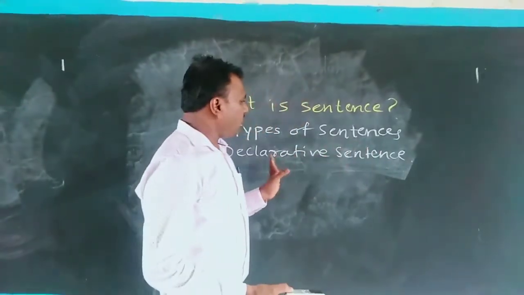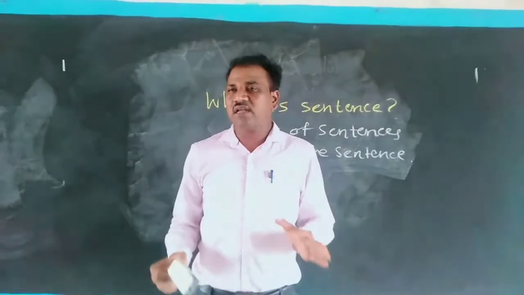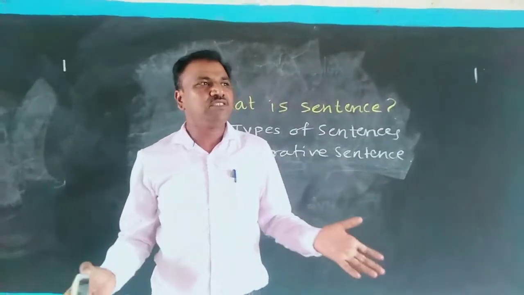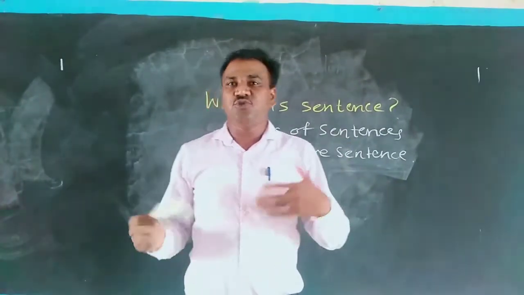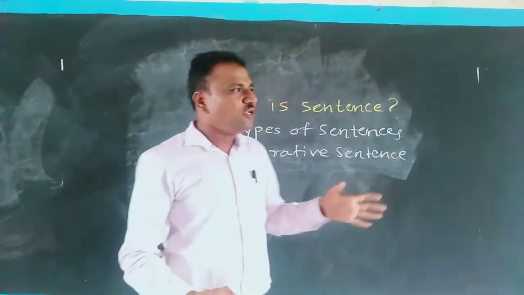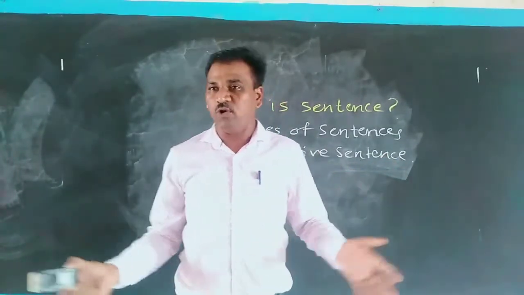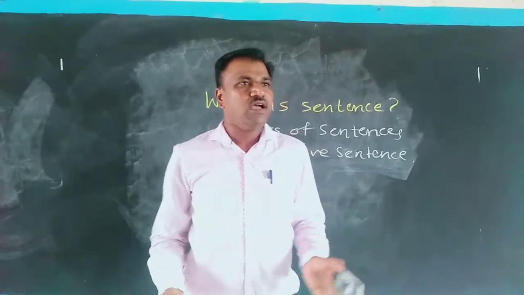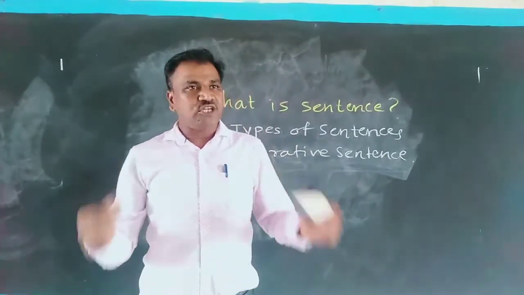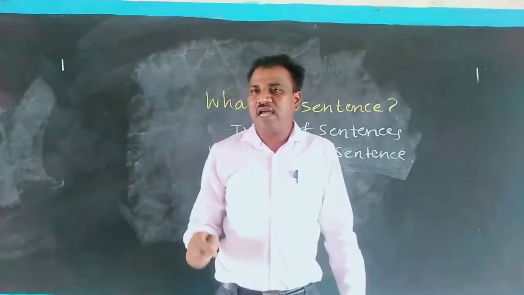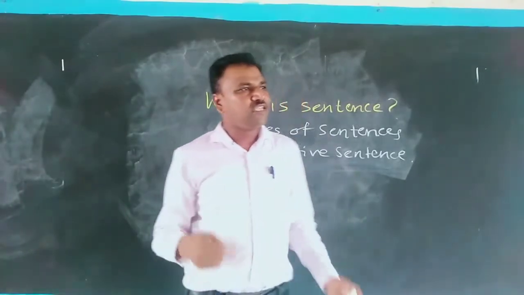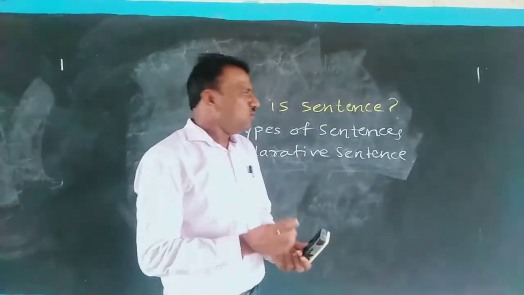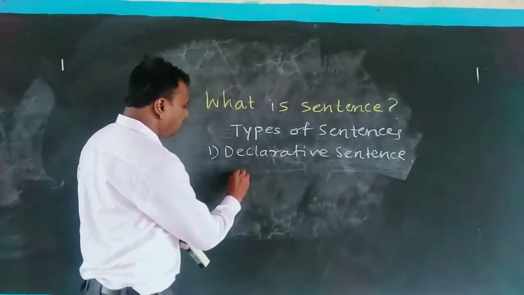For example, I am going to perform this dance tomorrow. I am going to write a famous book. I am going to read a book. I study these novels. I teach this subject. I speak English very well. We declare everything in English.